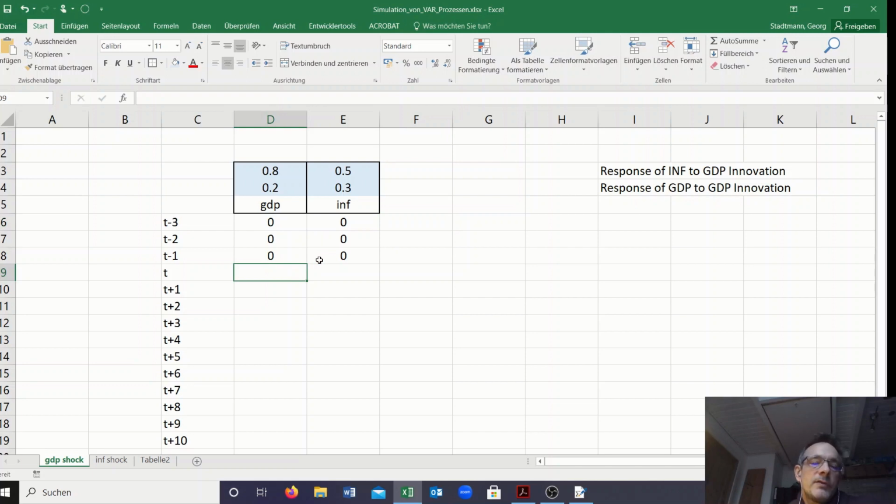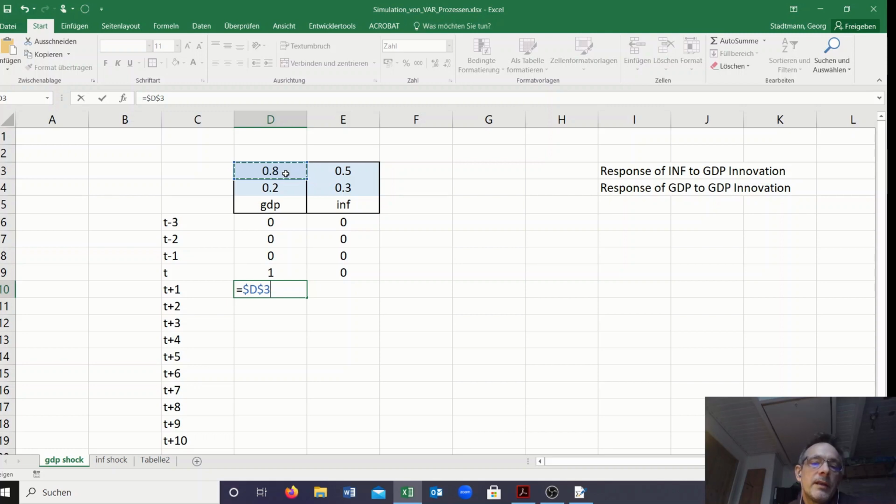Now we have to assume that a shock occurs in period T, and it is a GDP shock, but there is no inflation shock at all. And now in cell D10, we have to create a formula, and the formula is as follows. We have to refer to the coefficient of 0.8.